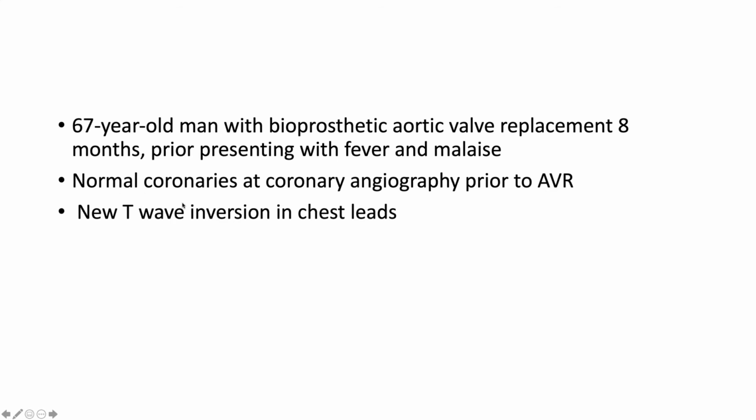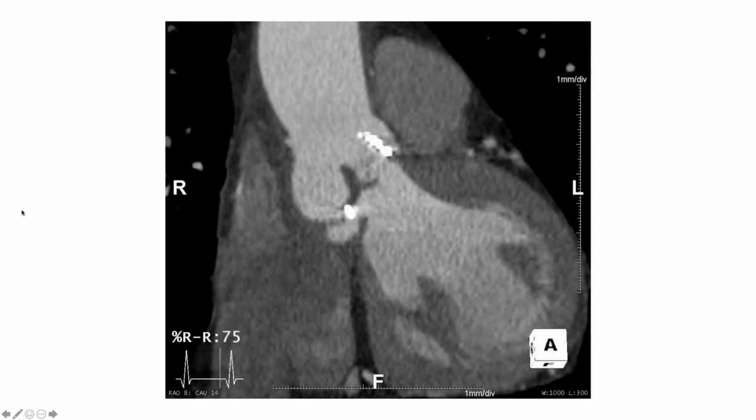Sorry, I couldn't get the fused PET, but they described it as right and left atrial, as well as right ventricular and left ventricular uptake, and some nodal uptake, and really nothing in the mediastinal or hilar nodes.